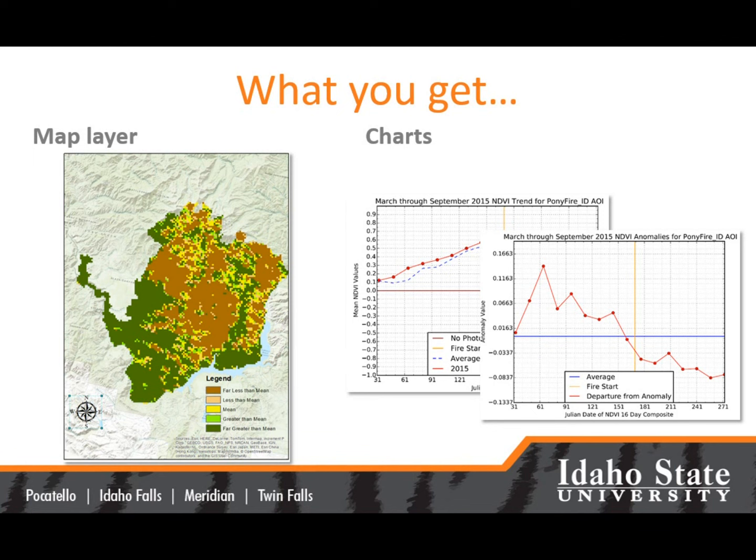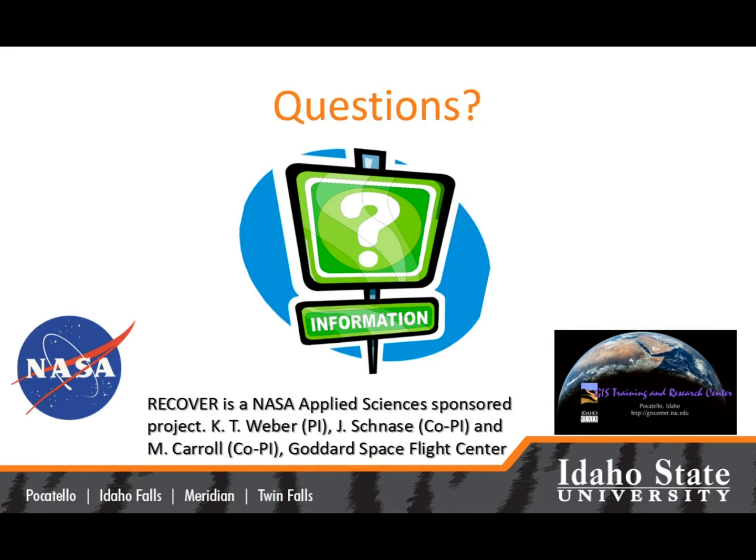We have some pretty high differences early in the growing season, probably lots of rain, looking at Julian dates 31, 61, and that's very high, but then it looks like it dried out, and then the fire happens. So lots of vegetation on the ground prior to the fire, and then that fire occurred when that vegetation had senesced. And following a fire, in the fire area you'd expect it to drop below your average because you've just consumed all that vegetation.